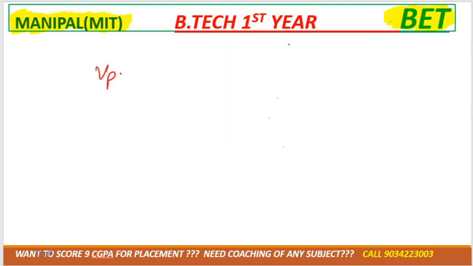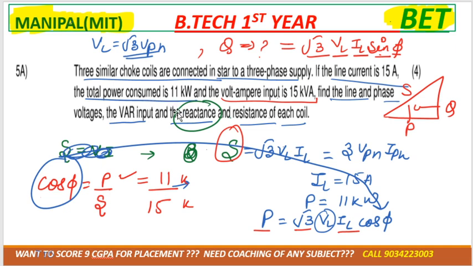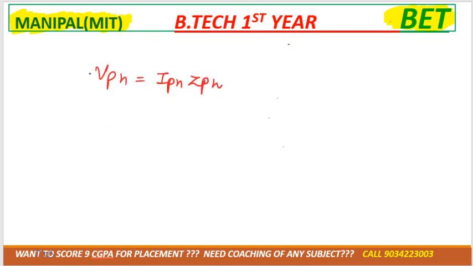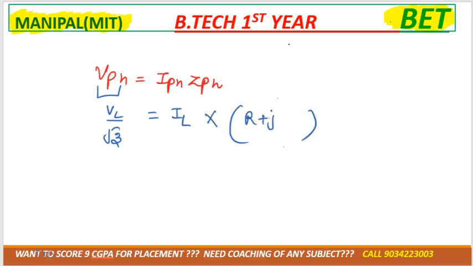So we have the formula VPH equals IPH multiplied by ZPH, right? VPH we calculated by the formula VL by root 3. IPH is also equal to IL. ZPH is R plus jXL, correct?